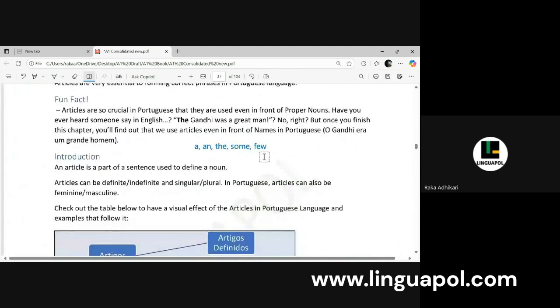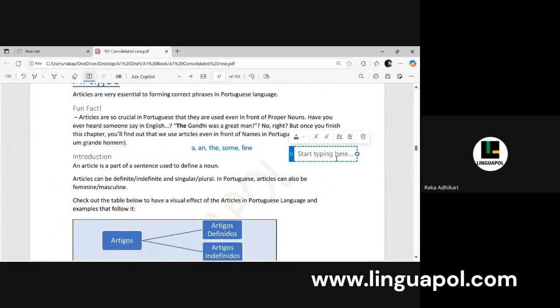But before that, we need to understand when we talk about articles, there are two types of articles. One is called the definite article and one is called the indefinite article. Anybody who is already familiar with these terms and can explain what is definite article and what is indefinite article?